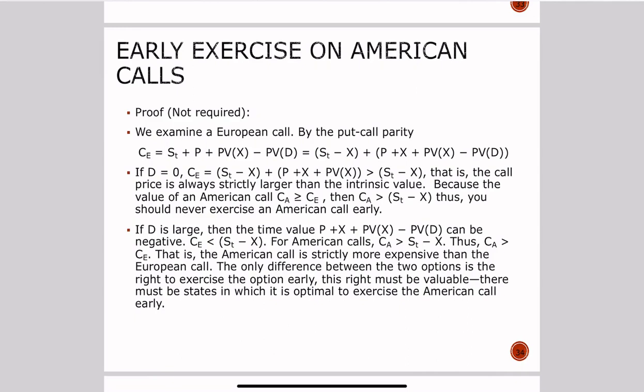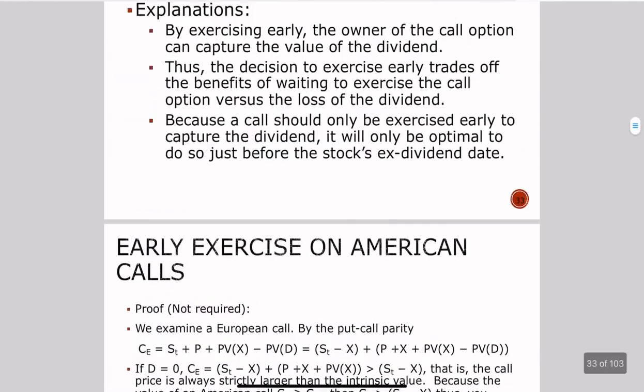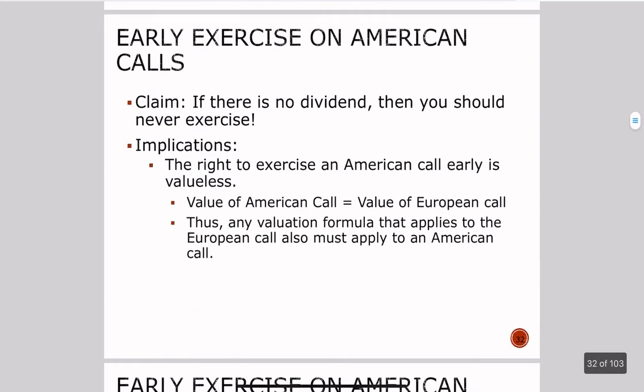It's an interesting, simple proof to tell you why you should never early exercise your American calls. Without the proof, I give you the result, and I will discuss what implications come from this result.